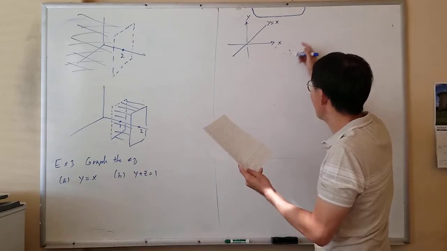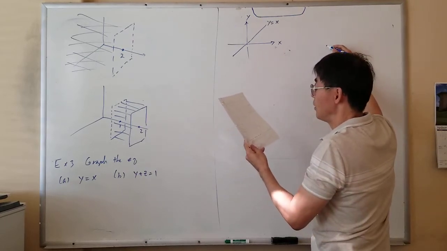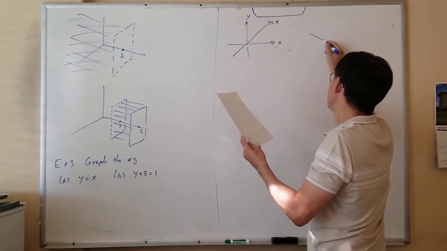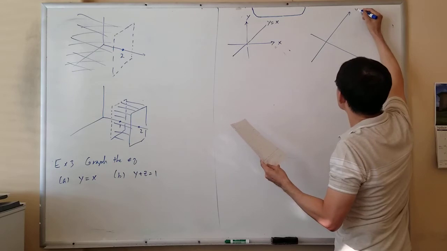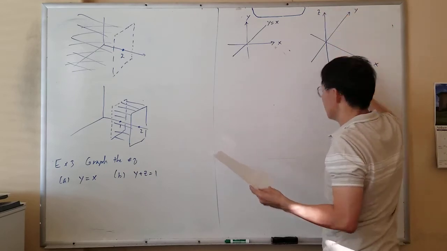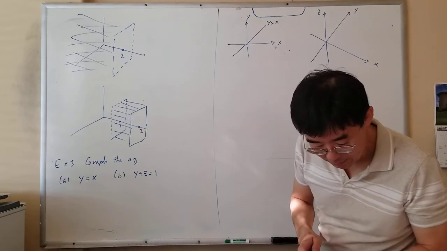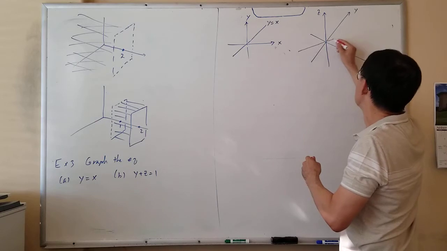So it's hard to draw in three-dimensional way. So we would draw, in this case, let's say, slightly change the direction. The x coordinate going this way, the y coordinate going that way, and the z coordinate going that way. Then the y equals x line, right?